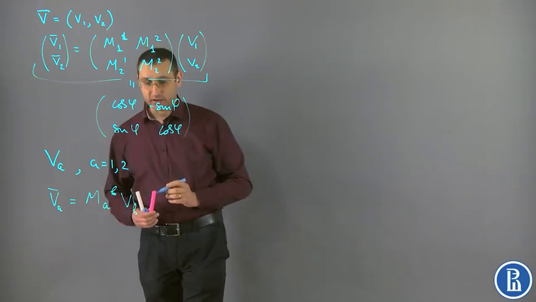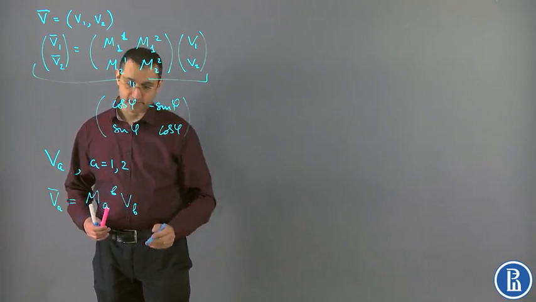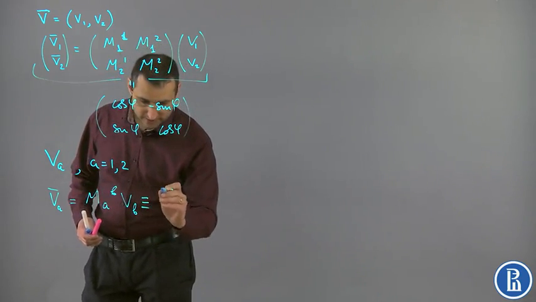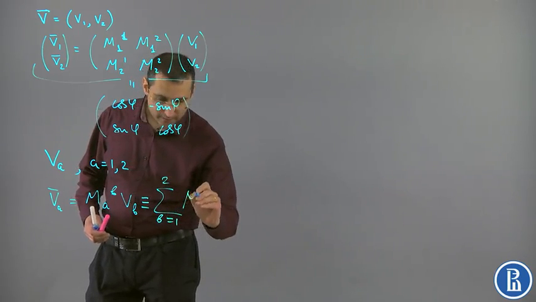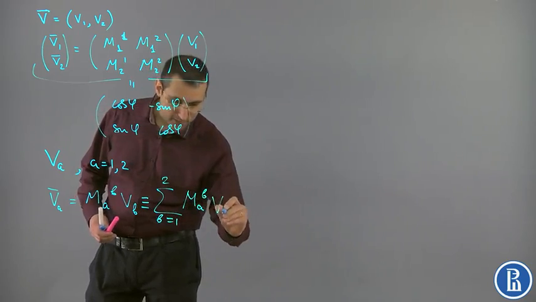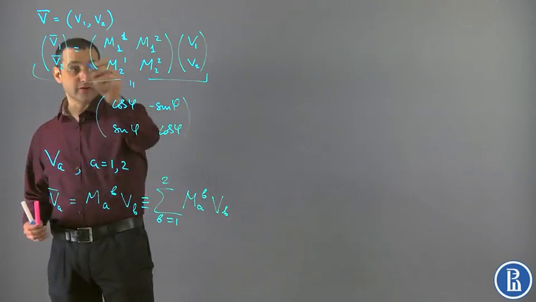In tensor notation, if there is a repeated index, it assumes that there is a summation. So this literally means that there is a sum over b from 1 to 2 of M_ab V_b. And let us see that this equality is actually this one.